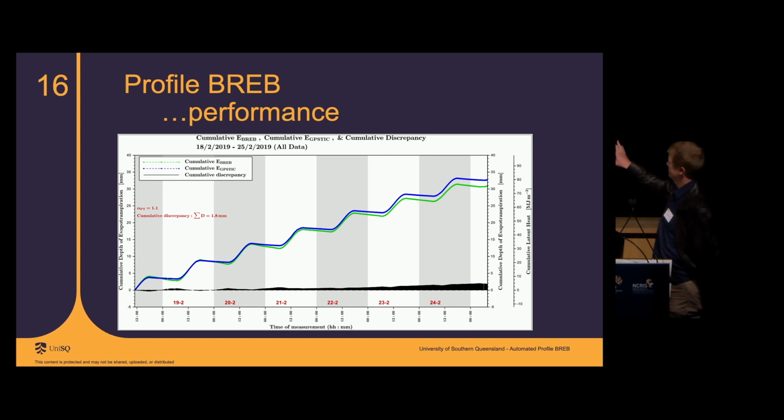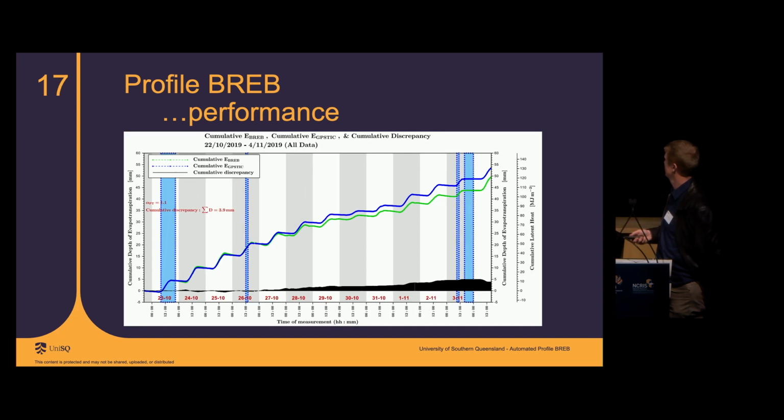Over the 7-day period, after 7 days, there was a difference of about 1.8 millimetres between the BREB and the other systems. So roughly 0.2 to 0.3 millimetres per day difference. This was a water-limited cotton crop with an incomplete canopy, so any farmer would be happy with that.